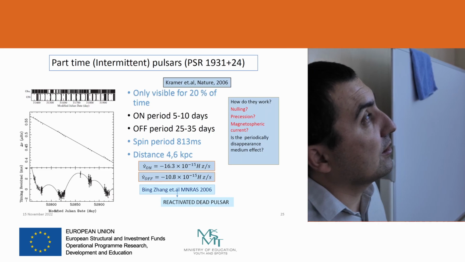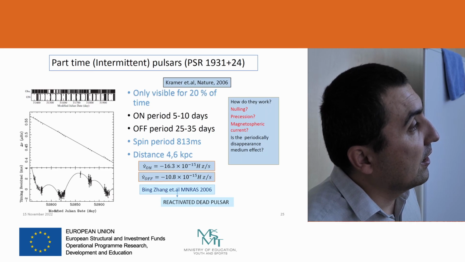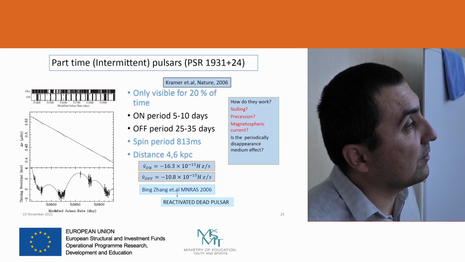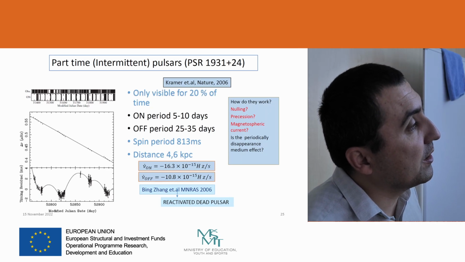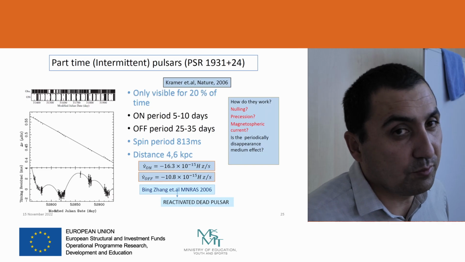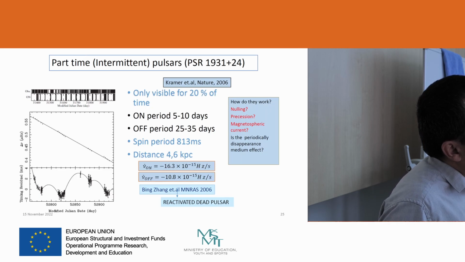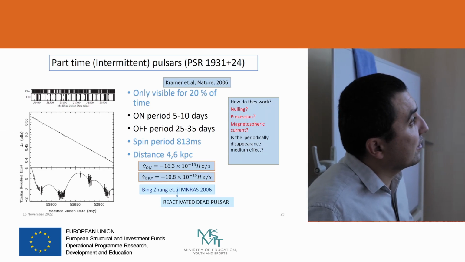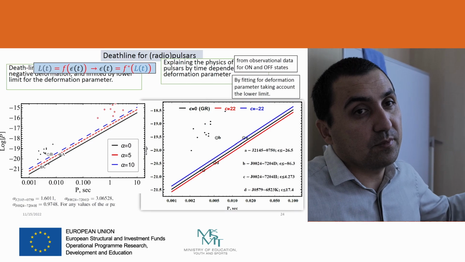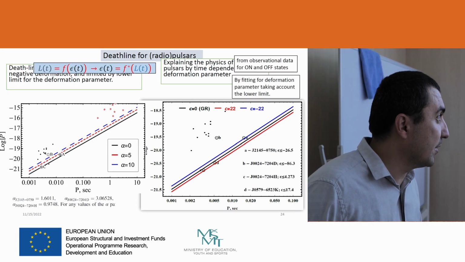The distance of the pulsar was 4.6 kiloparsec from us, and after that the authors of this paper suggested the pulsar should be some reactivated dead pulsar, and so there are more models, more approaches to explain this part-time pulsar feature, and we suggest that a time-dependent deviation parameter can explain the model.